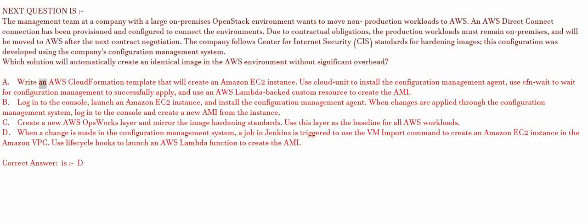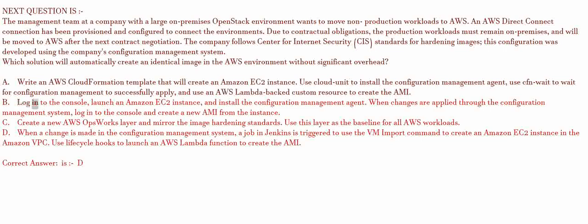A. Write an AWS CloudFormation template that will create an Amazon EC2 instance. Use cloud-init to install the configuration management agent. Use cfn-wait to wait for configuration management to successfully apply, and use an AWS Lambda-backed custom resource to create the AMI.